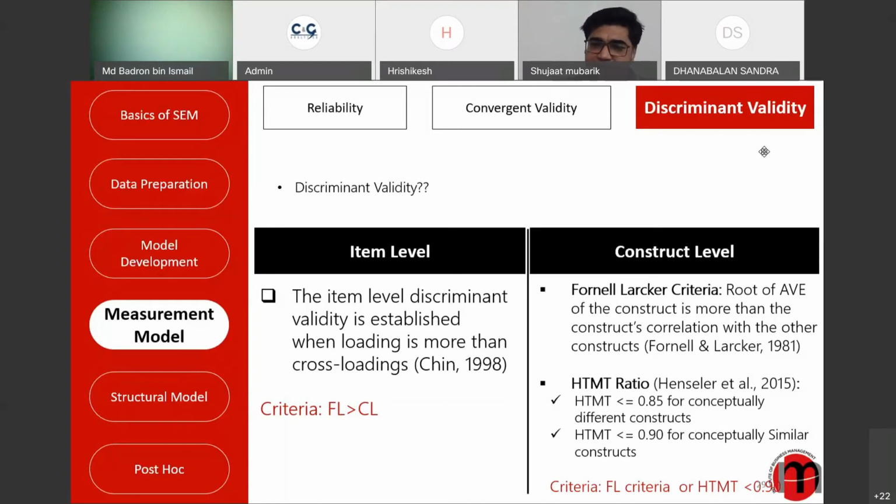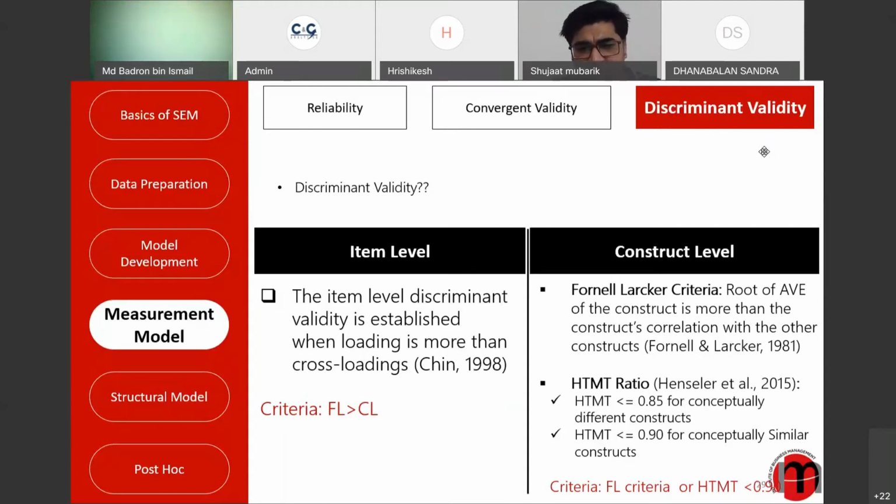There are 5 items of innovation and 5 items of human capital. Cross-loading is that I am loading the 5 items of human capital on the innovation construct and the 5 items of innovation on the human capital construct. So this is the cross-loading.